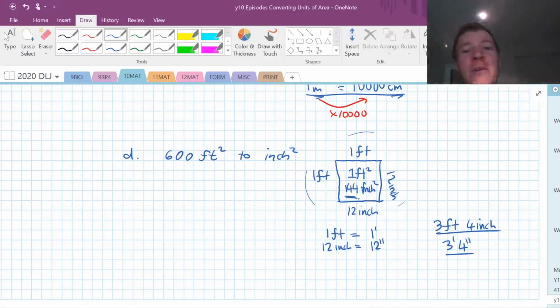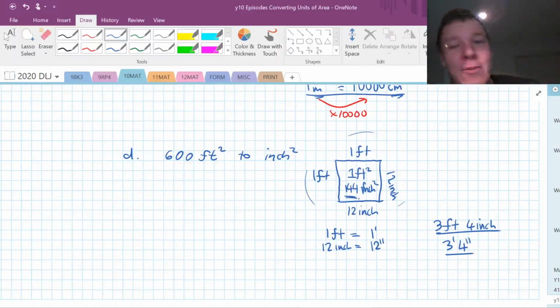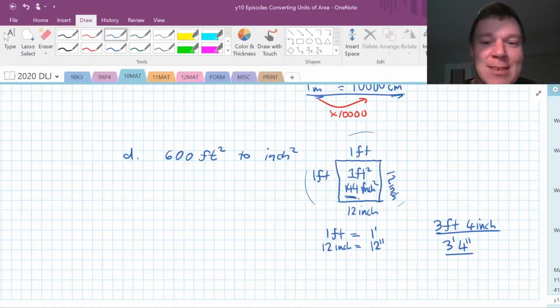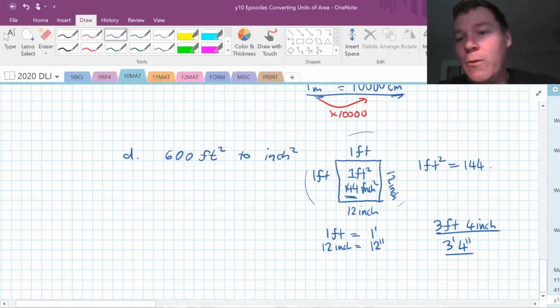I mean, a foot is a nice distance, though. You can sort of visualize a foot because you know the length of a Subway sandwich, so it's an easy thing to just visualize in your head. So basically, 1 foot squared equals 144 inches squared.